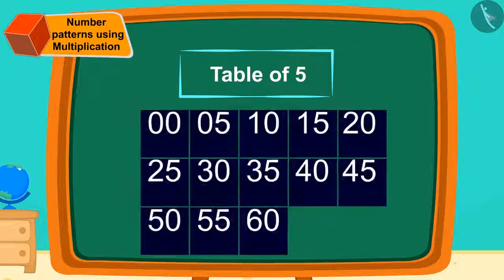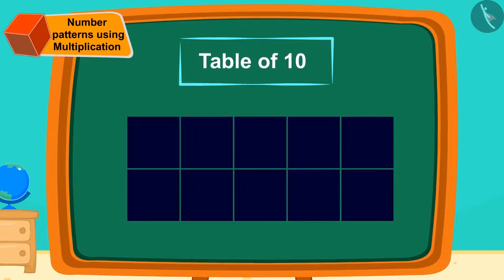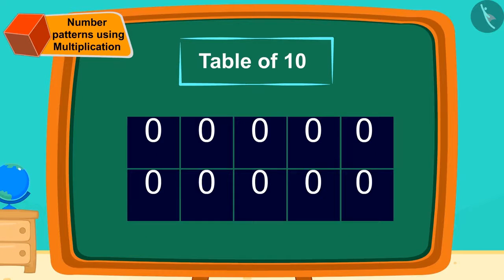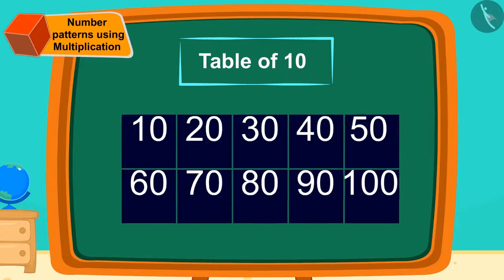Isn't it easy? Let us now learn the easy process of memorizing the table of 10. First, we will write 0 in this way 10 times. Now, next to these zeros, we will write the numbers from 1 to 10 like this.